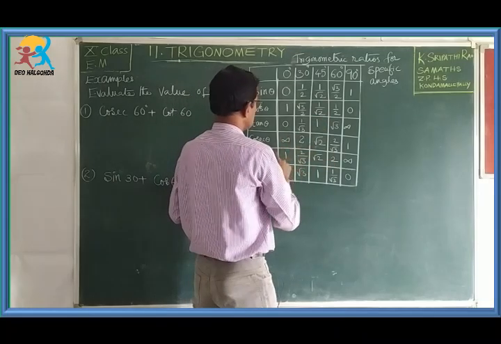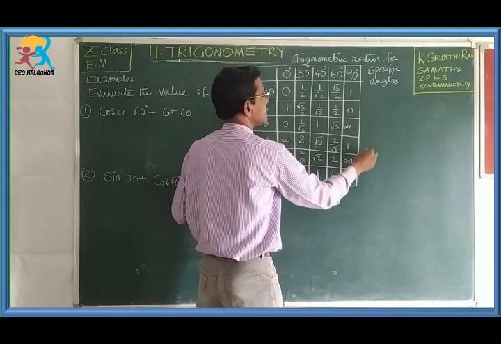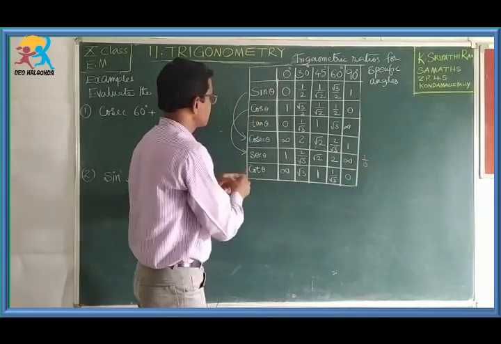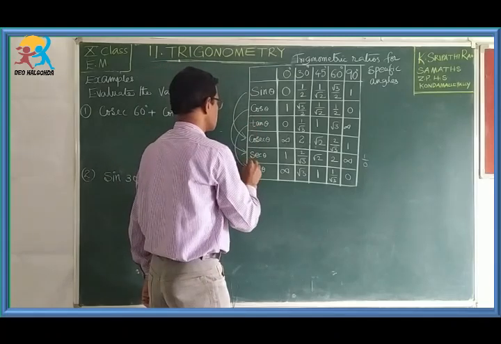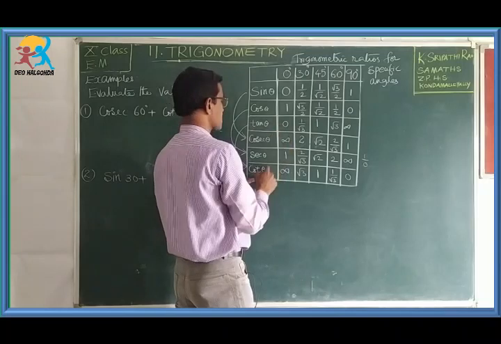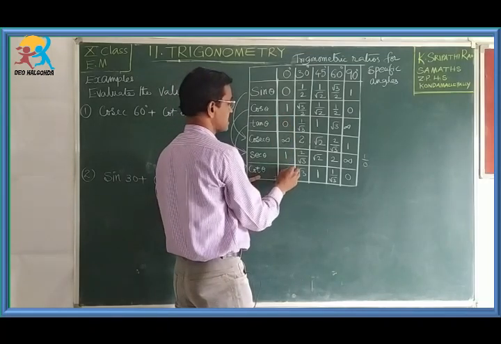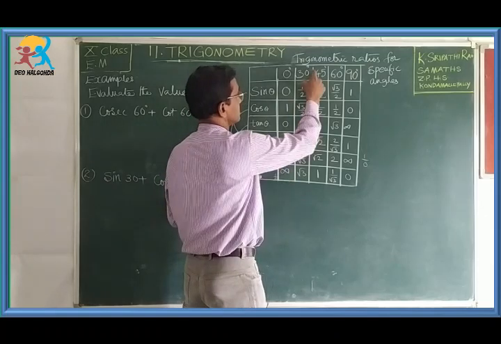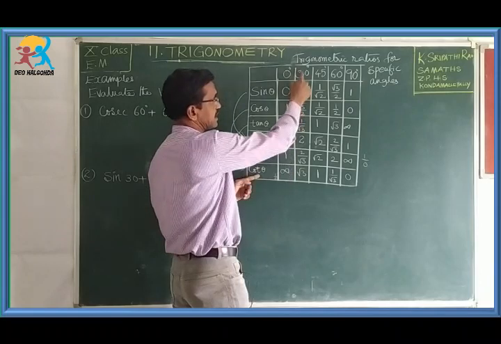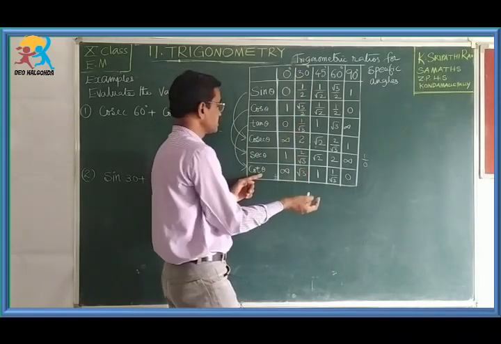Sec 60 is the reciprocal of cos 60, which is 1 by 2, reversed 2 by 1, that is 2. Sec 90 is the reciprocal of cos 90, 1 by 0, undefined. And then cot theta is the reciprocal of tan theta. So cot 0 is 1 by tan 0, which is 1 by 0, that means undefined. Cot 30 is the reciprocal of tan 30, which is 1 by root 3, so that is root 3 by 1, which is root 3.